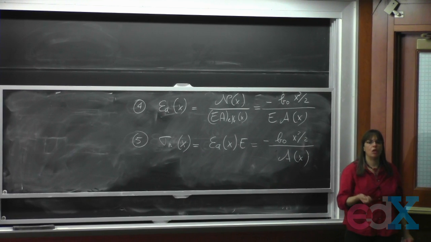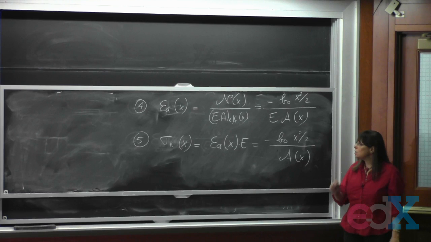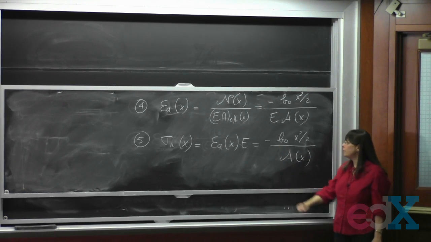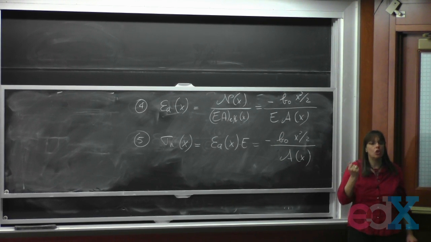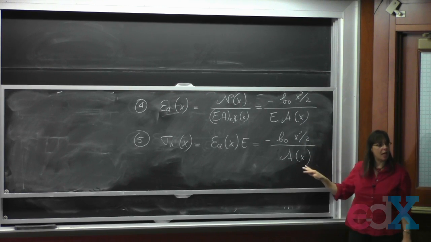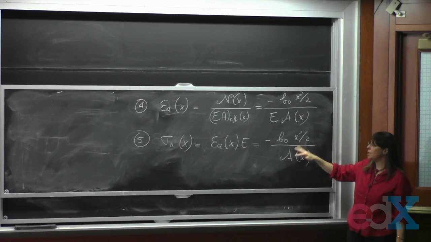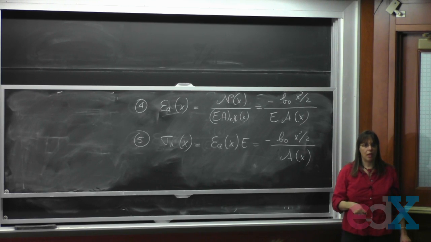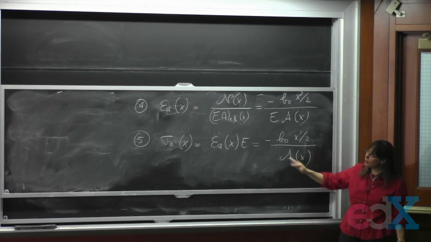And I'm doing it because one of the main mistakes that you guys make over and over is, when you have a composite bar, to simply obtain the stress as the axial load divided by the area. This is correct as long as you only have one material, because you see, everything cancels out. But if the bar is composite, you have to follow this and then put here the E of the material that you want.